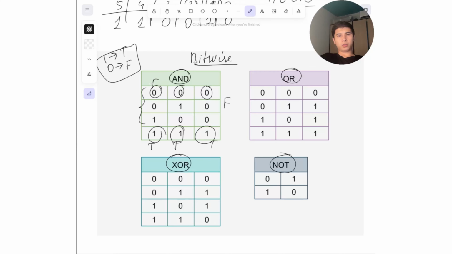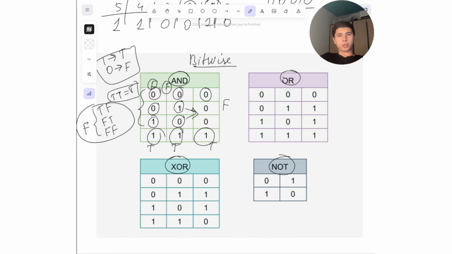When both sides are false, or either side is false, it becomes false as well. Like another representation: false and true, true and false, false and false, all become false. When both sides are true, then it becomes true.